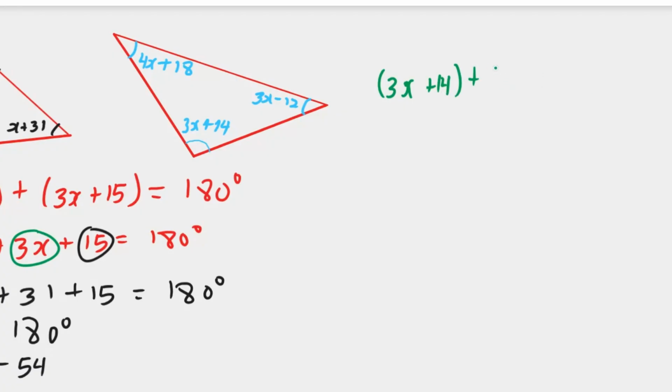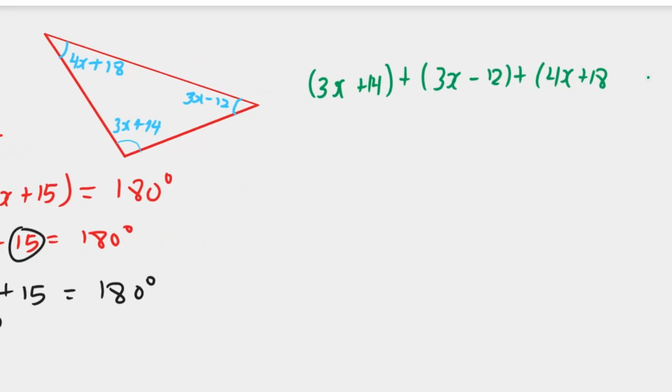The next one is going to be 3x minus 12 plus 4x plus 18 equal to 180 degrees. So the sum of the interior angles of this triangle is equal to 180 degrees.